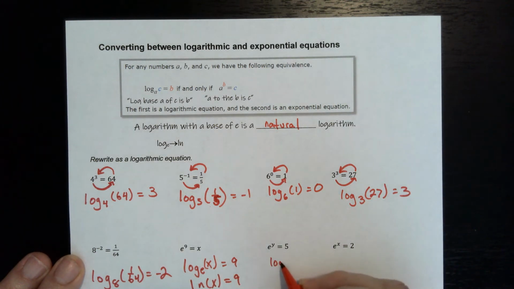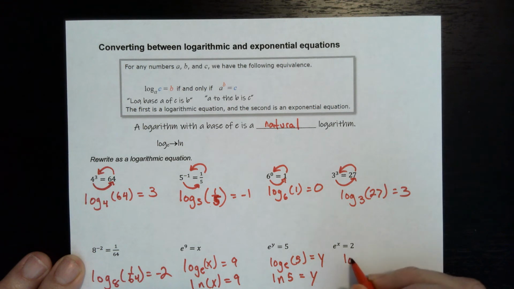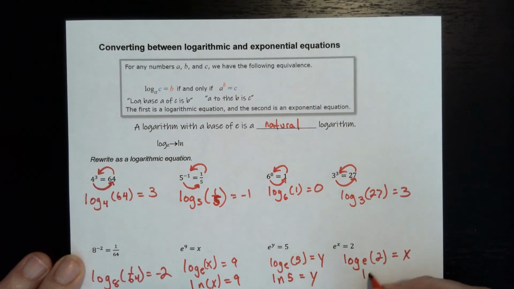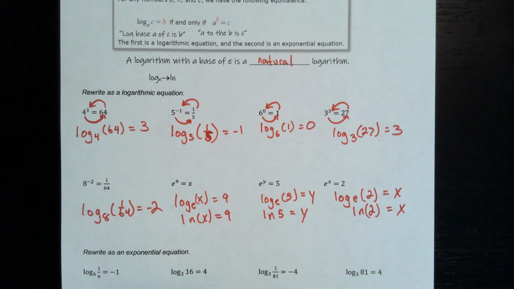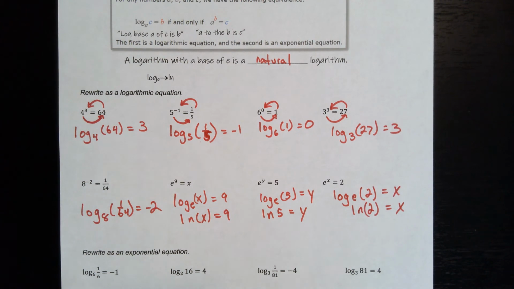This one would be log base e of 5 is equal to y, or ln of 5 is equal to y. And then last we have log base e of 2 is equal to x, so ln of 2 is equal to x. That's how you write all of those and convert them into logarithms.